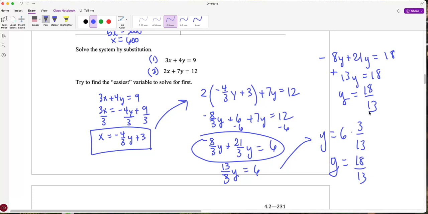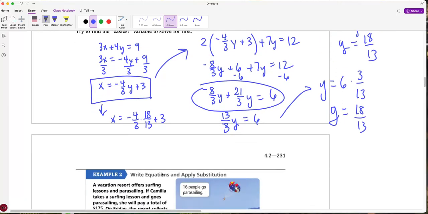So your solution here is, oh, that's just half of it. So I've got y. So y is 18 over 13. Now I need to go find x. Go back to our original equation that I solved for x. X is going to be negative 4/3 times 18 over 13 plus 3.